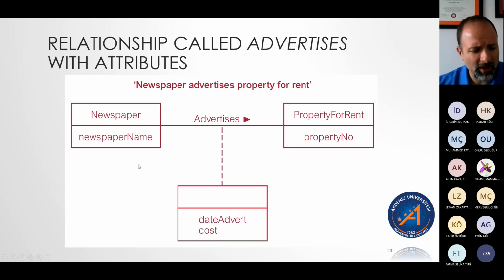Because if newspaper B costs less than newspaper A, but newspaper A results in many more leases and many more contracts for us, then maybe the cost is worth it, right? And so maybe something else we can keep track of down here is which leases are a result of which advertisements. Okay.